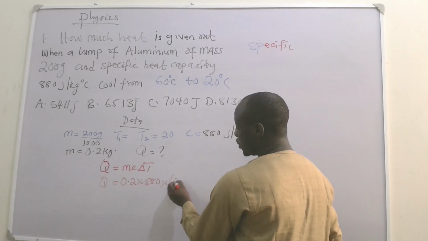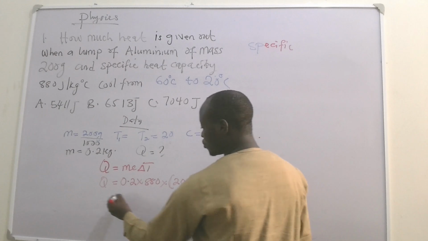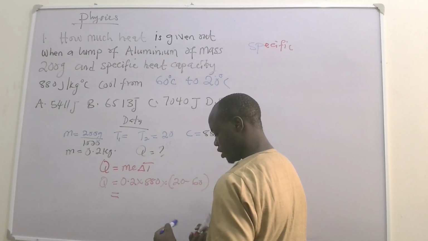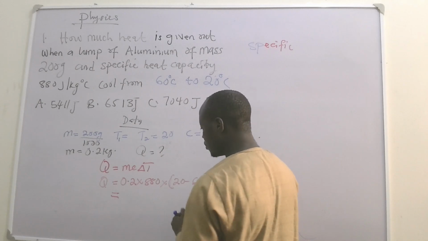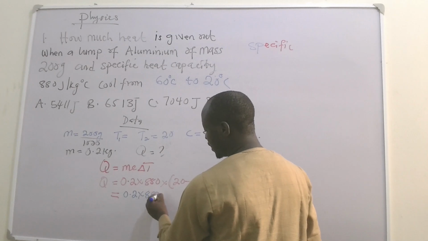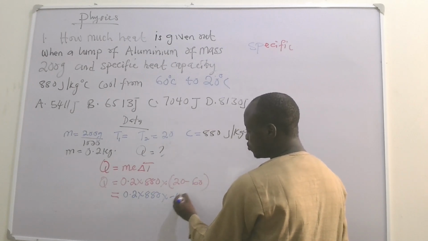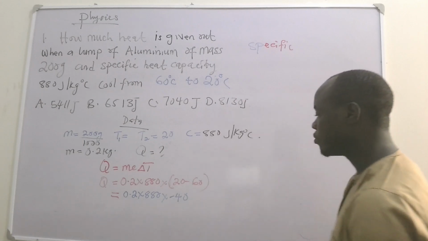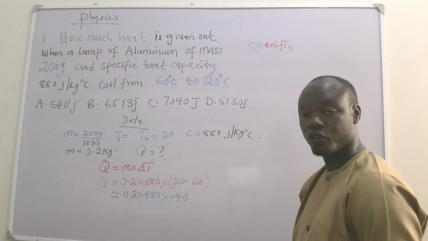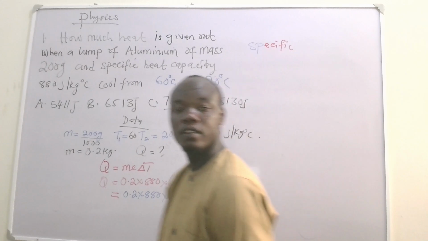So we have 20 minus 60 degrees centigrade. So we have 0.2 times 880 times, and the temperature change is going to be negative since it changed from 60 to 20. So we have minus 40.